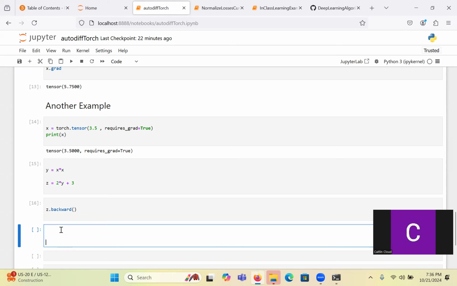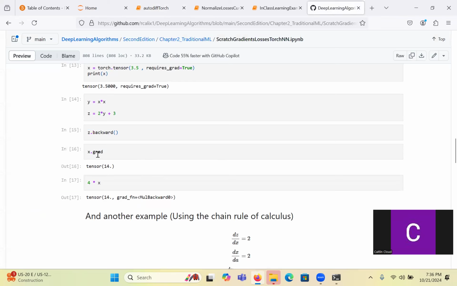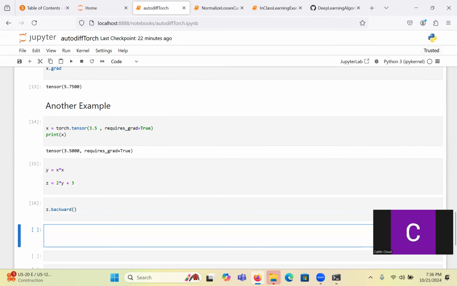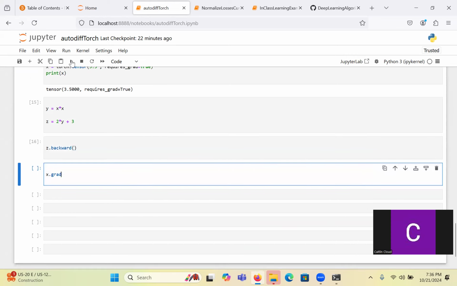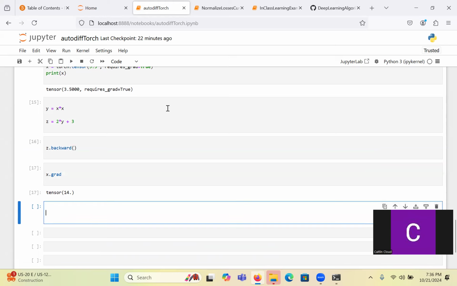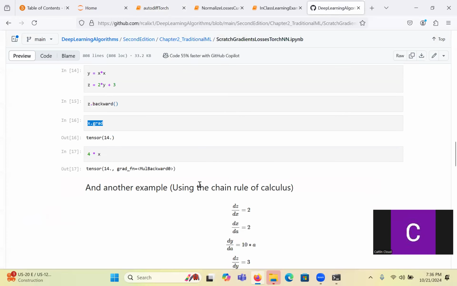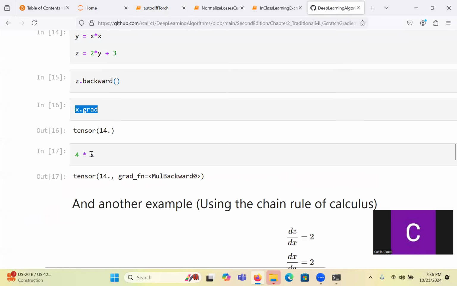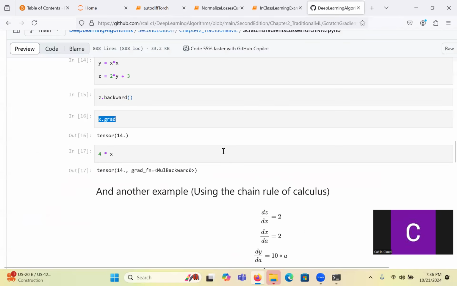Now that it's done, I can proceed to do the same exercise, x dot grad. 14. That's the actionable information to update the weights. I know that 4x is the derivative of that original function, so I did that here.